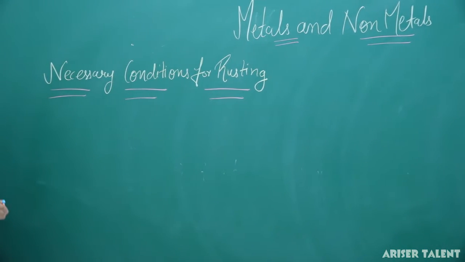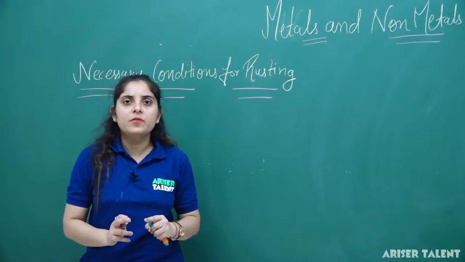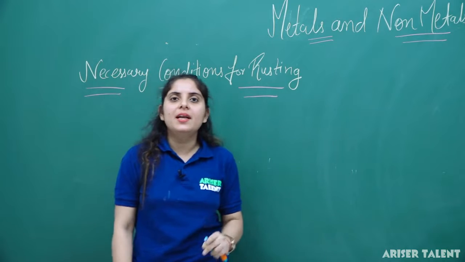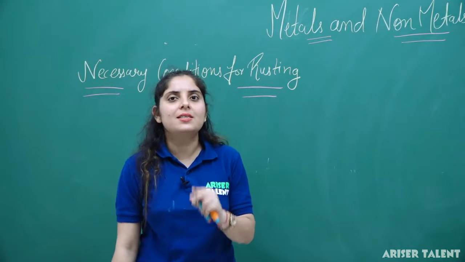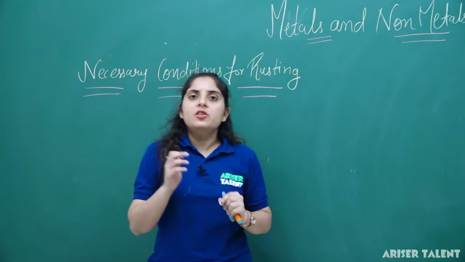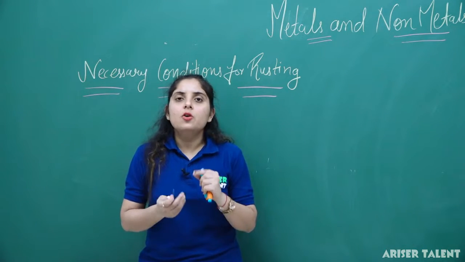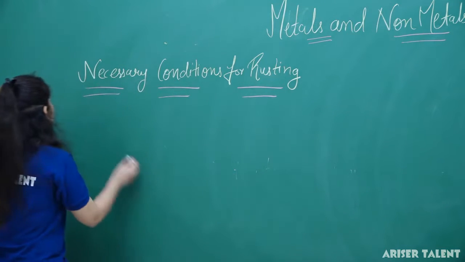First condition is the necessity of moisture or air present in the atmosphere. The second condition necessary for rusting is the presence of water. And the third is that the metal is very reactive in its original form.